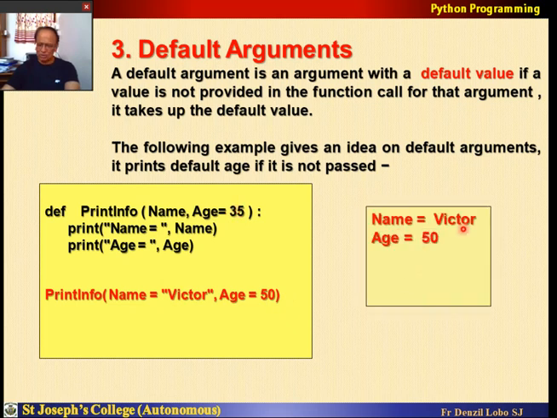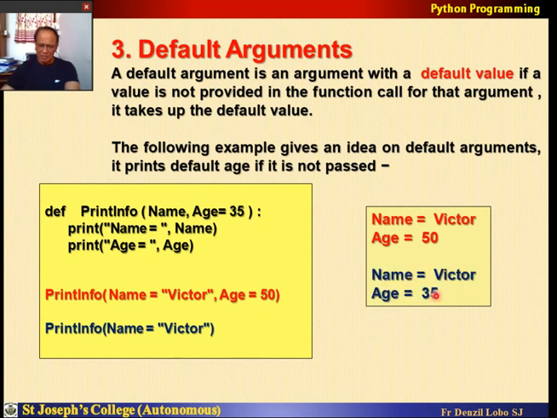So name is equal to Victor and age is equal to 50. Now suppose I don't give age at all. There is a default value. So what will happen now? So it is going to print name and then the default value of age, 35. So this is called the default argument, where I assign a certain default value to a particular parameter in my function.